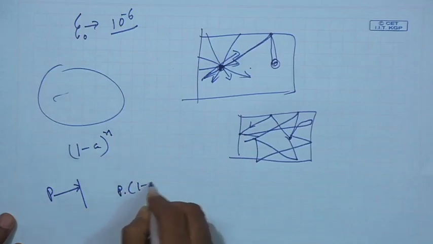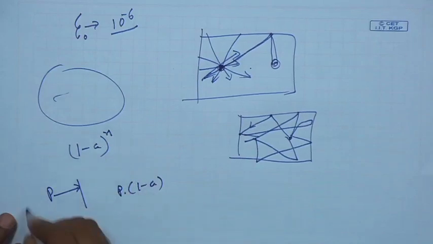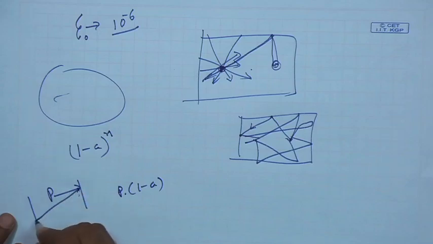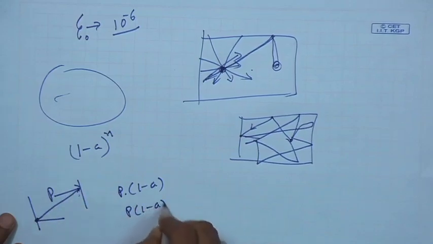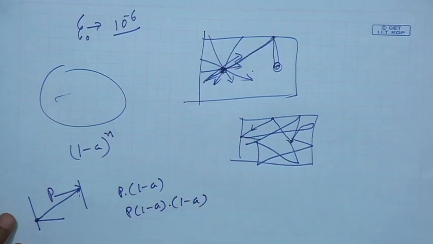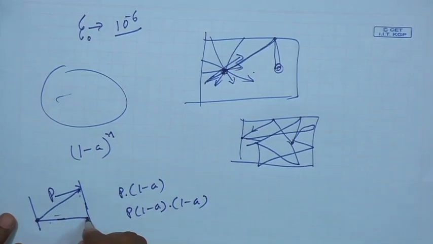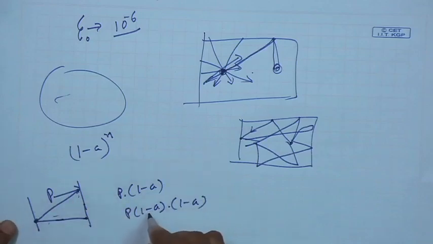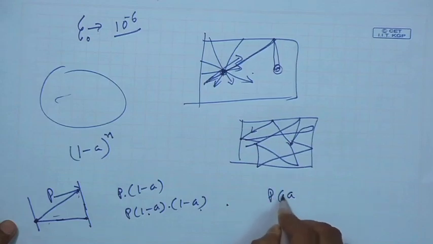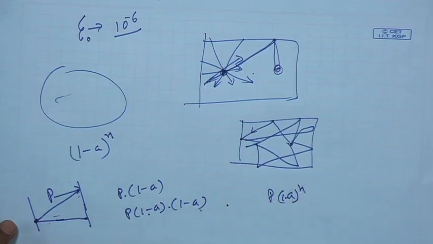P into 1 minus A, that is reflected, and that is incident on another wall. So, it will be P into 1 minus A into 1 minus A, then it is reflected at another wall. So, n time reflection is possible, let us say n times it is reflected. So, this is 1 minus A, n times. So, it is nothing but P into 1 minus A to the power n.